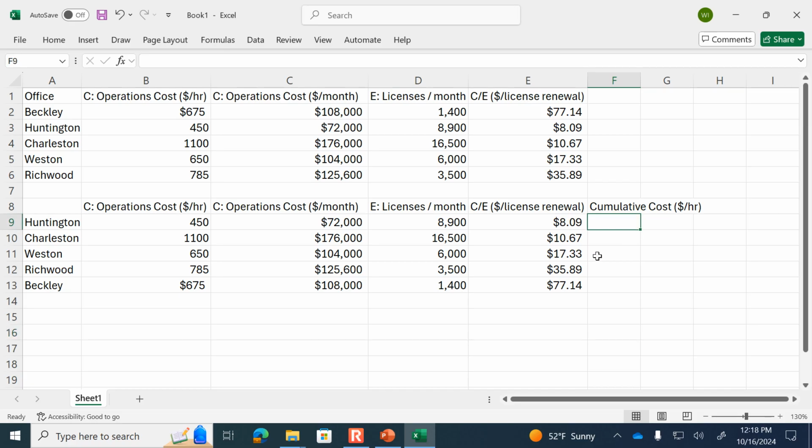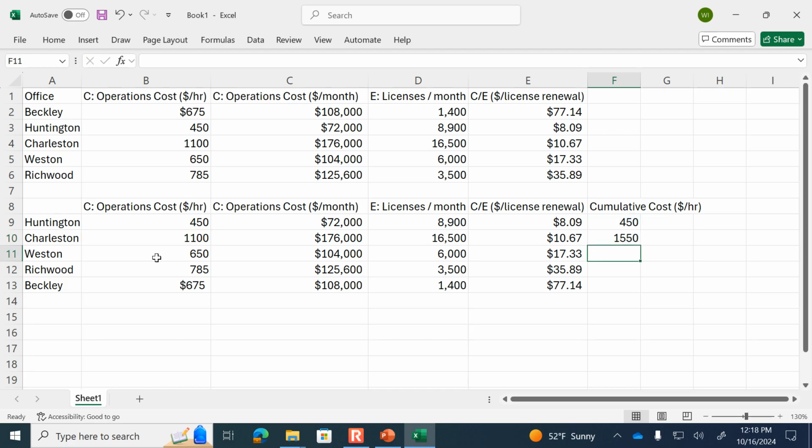And so if we have only the Huntington office open, then the cumulative cost is just $450 per hour. If we have Huntington and Charleston open, then it's the $450 plus the $1,100 that is associated with Charleston.